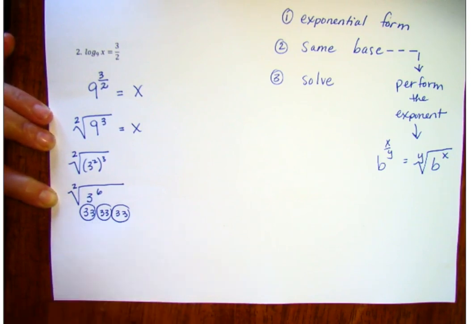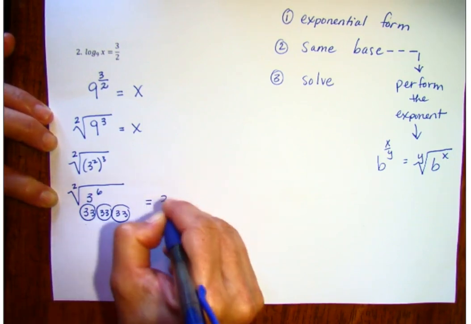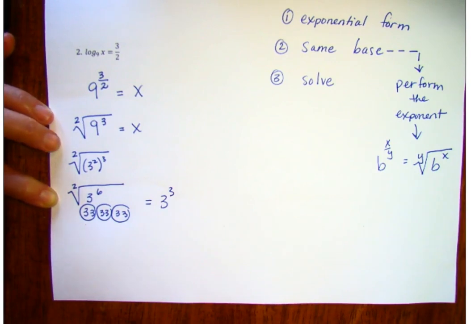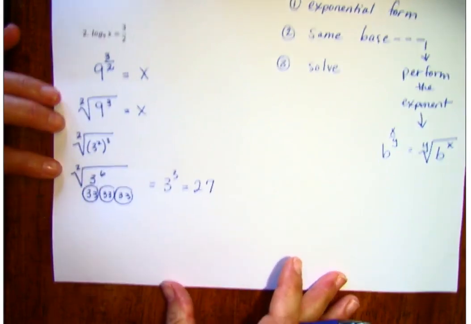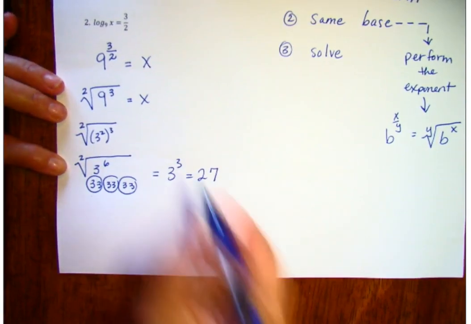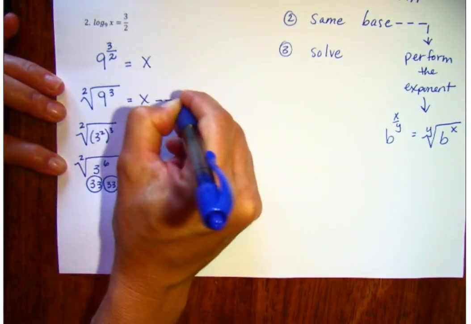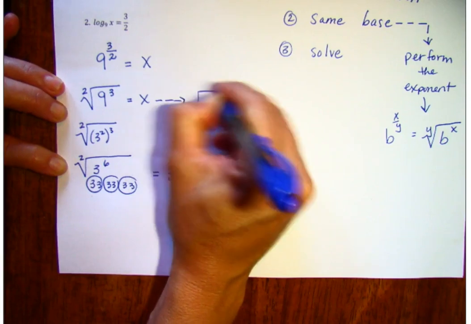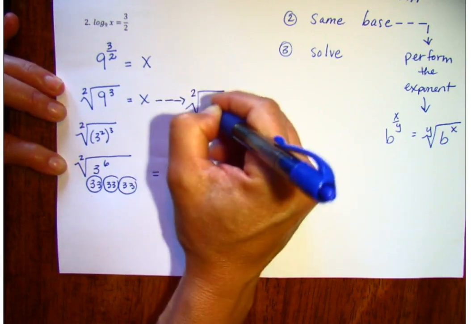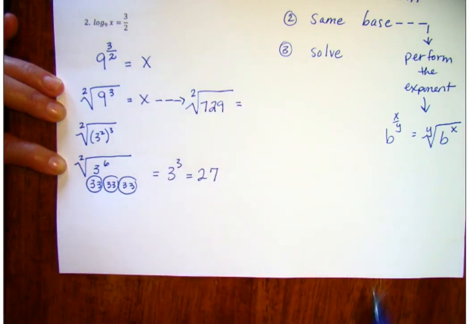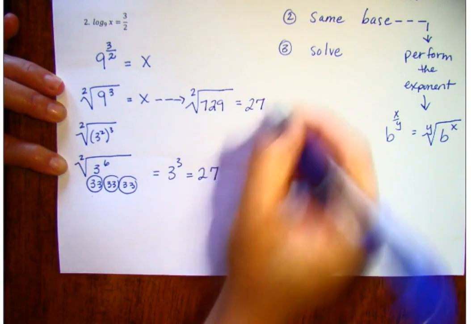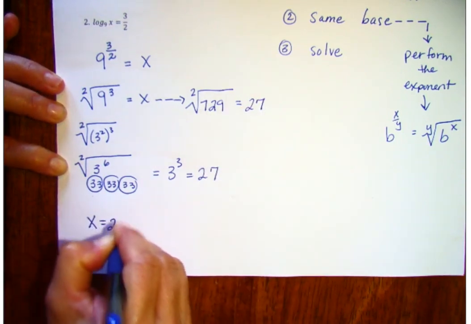So I have 3 pairs, which means 3 to the 3rd is going to come out, which is 27. So if you are using a calculator, this can also be done on a calculator, of course. 9 to the 3rd power is 729. And the square root of 729 is 27. So the answer to this is x equals 27.